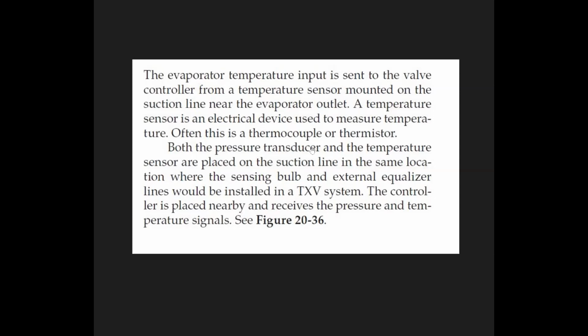Both the pressure transducer and temperature sensor are placed on the suction line in the same location where the sensing bulb and equalizing connection were installed in the TXV. Exactly similar है, जैसा आपका TXV पे position था, वैसे ही इसका sensing है.